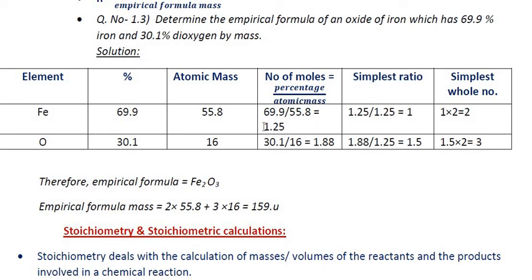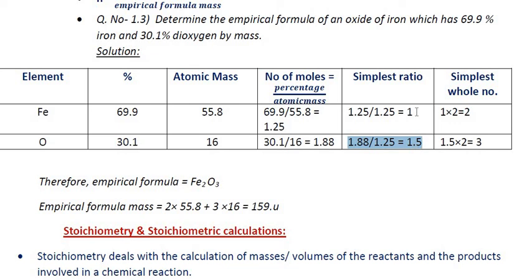Here we have 1.25, which is the smallest, so we will divide all the numbers of moles that you have calculated by it. So 1.25 upon 1.25 is equal to 1. Similarly, 1.88 upon 1.25 is equal to 1.5.